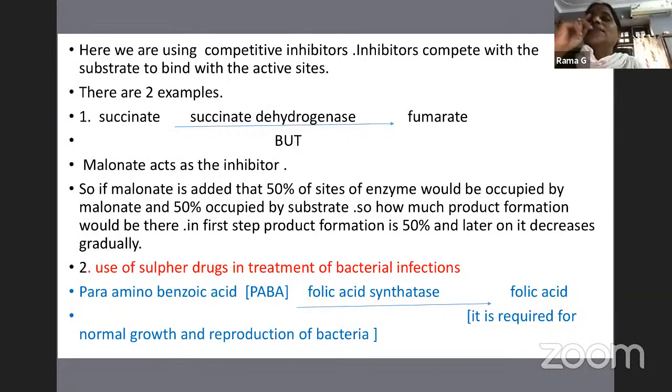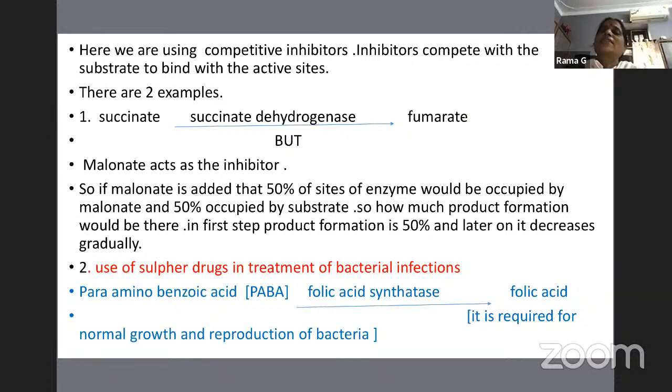One is succinate that changes into fumarate. Succinate changes into fumarate in the presence of one enzyme that is called succinate dehydrogenase. So in the presence of the enzyme succinate dehydrogenase, succinate turns into fumarate. But the same reaction in the presence of one inhibitor, that is malonate.